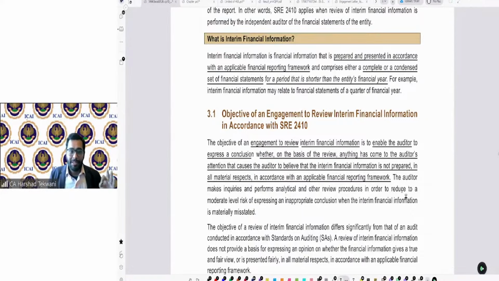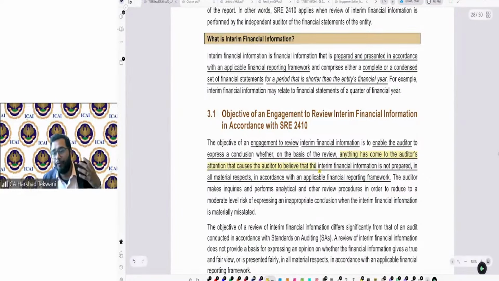On similar lines to the SRE 2400 review objective, we have in 2410 whether anything has come to the auditor's attention that can lead him to believe something.